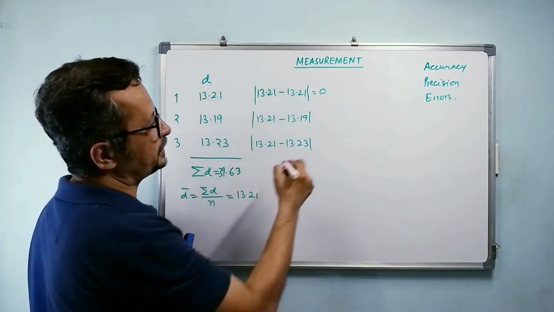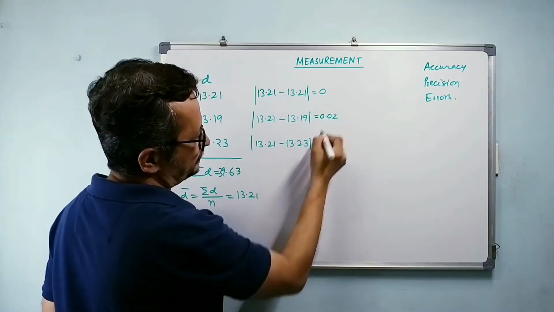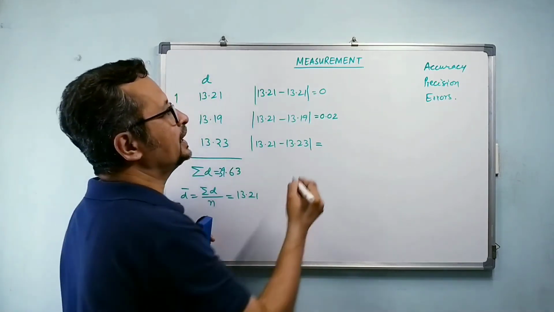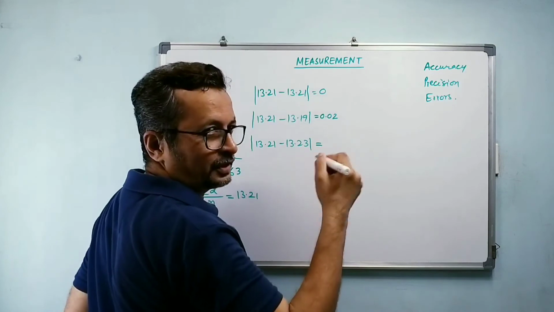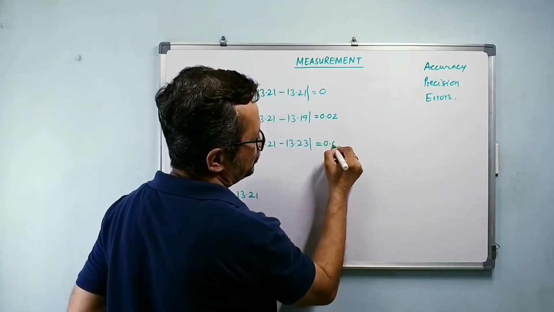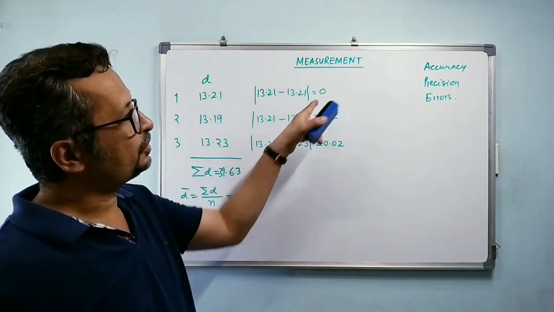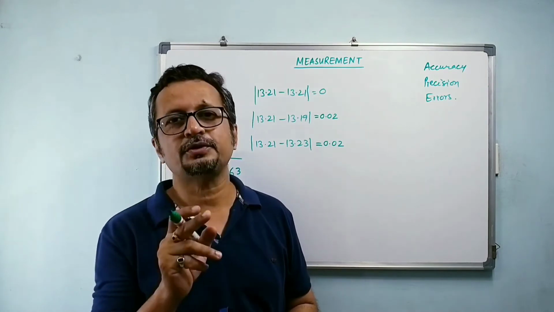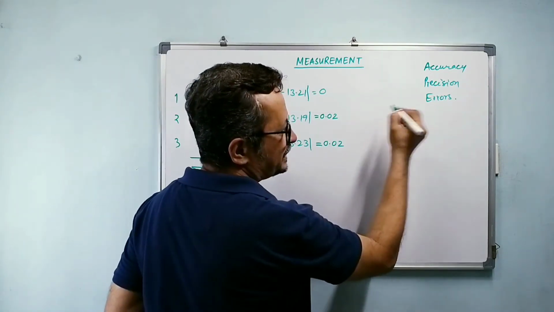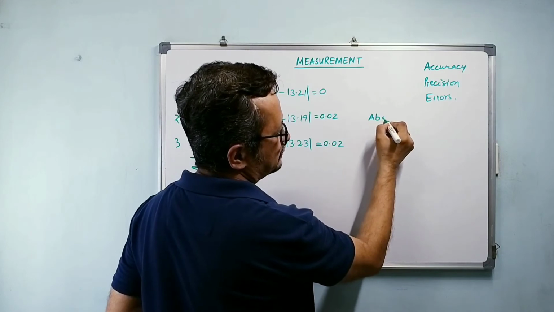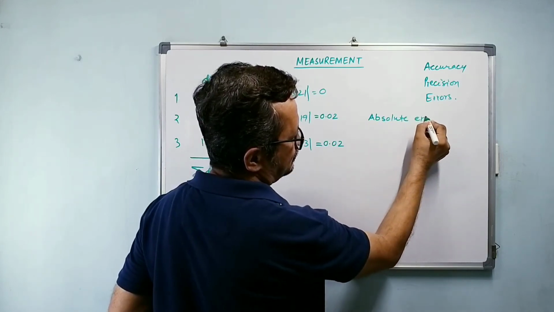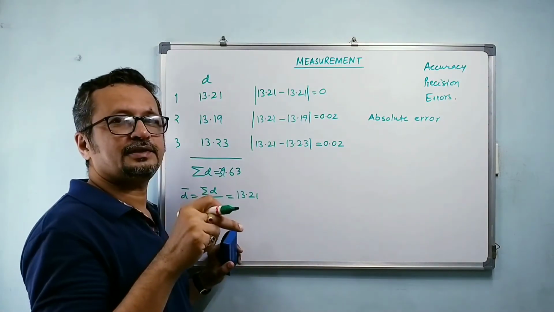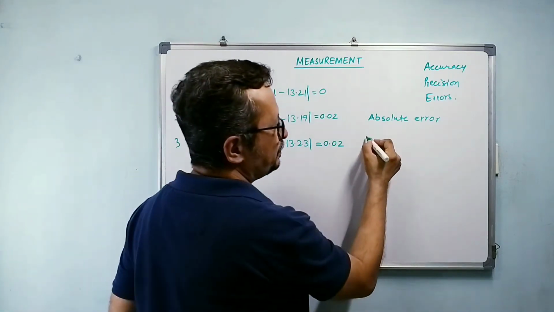The second one is going to be 0.02, and the third one is going to be minus 0.02, which I'll make positive, so 0.02 here. So 0, 0.02 and 0.02 are my absolute errors. This is the type of error called absolute error. My next step, for calculation purposes, is to find the mean absolute error.